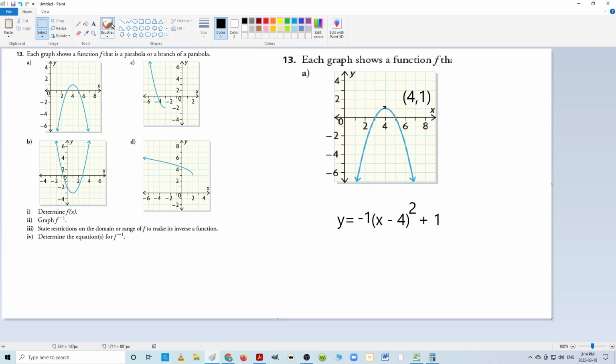Determine f of x, graph the reverse. Okay, so they just want me to graph. So swap these numbers, (4, 1) to (1, 4), right there. This one's (3, 0), so (0, 3). This one's (5, 0), so (0, 5), which is off the graph. A lot of it's off the graph, but it's going to look like this.